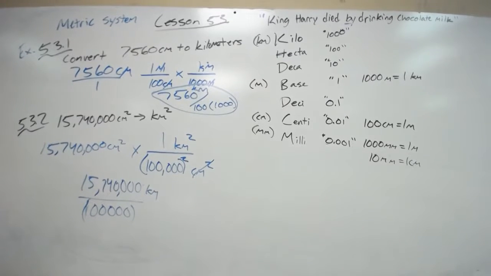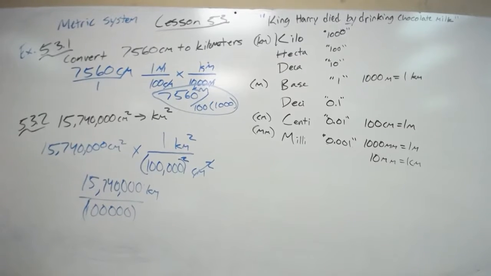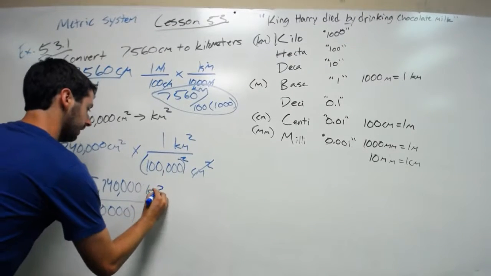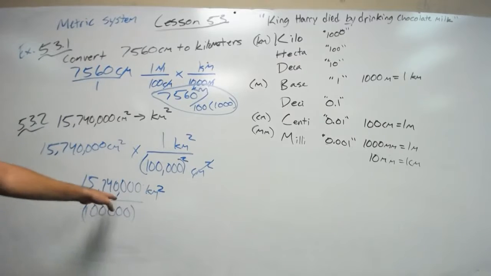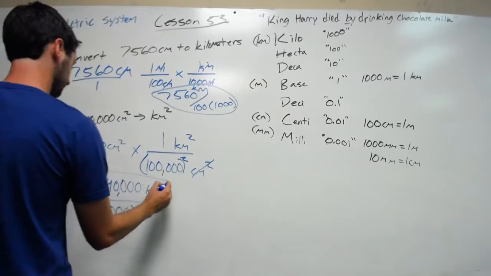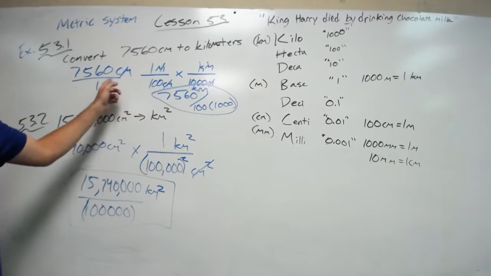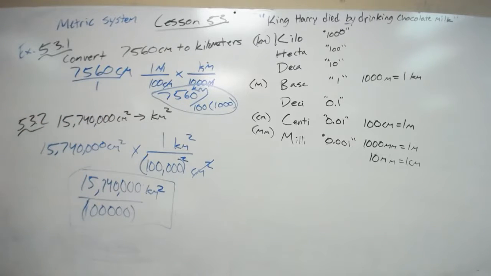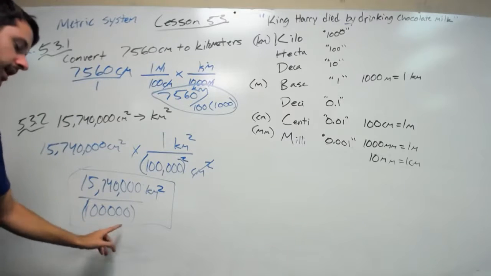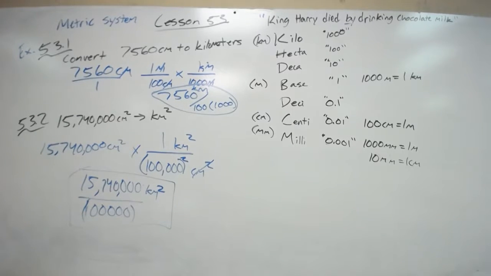If you did that, you get 0.001574, but you do not have to do that. That is totally fine and would work as your answer. All right, if you did it going from centimeters to meters and meters to kilometers, it'd be over 100 times 1,000. Both of those work.